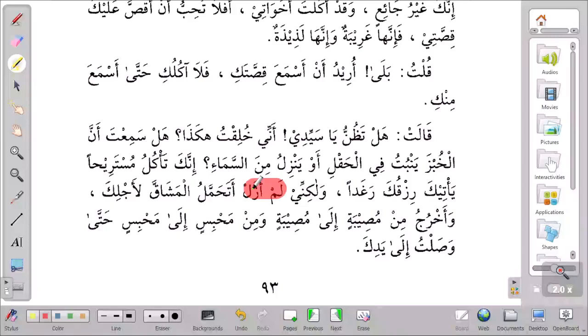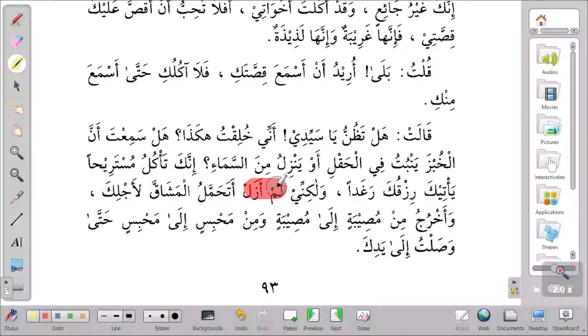So if I say lam yazal yamshi, he kept walking, as past tense. So when we say lam yazal something, it comes to mean he kept doing that thing. It must still come like this, with a verb following it. So lam azal atahammalu, I kept.